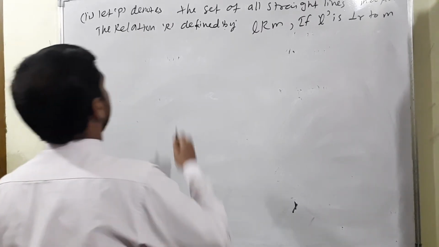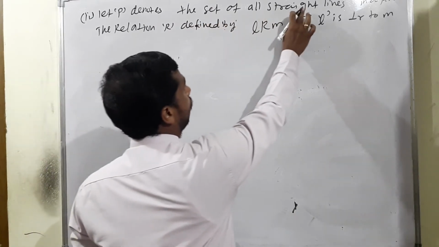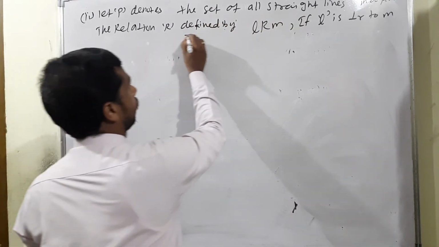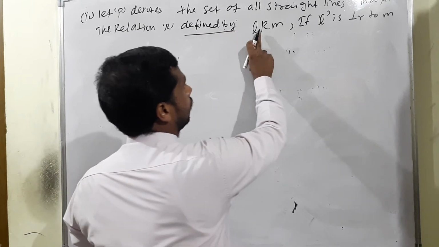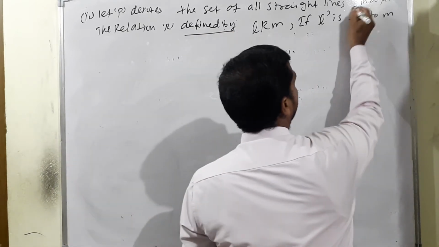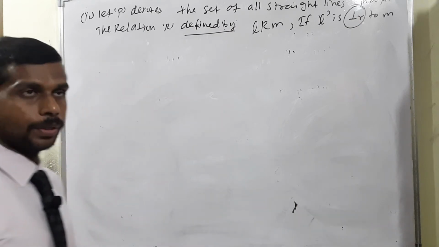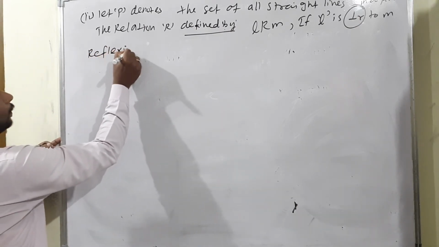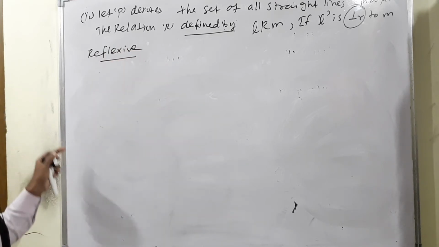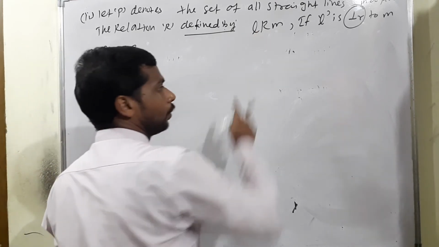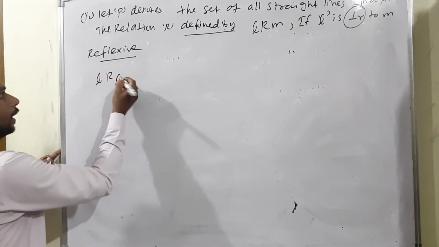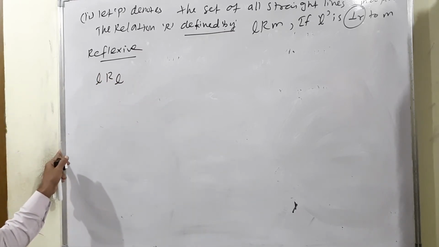I will continue with subdivision two. Let P denote the set of all straight lines in a plane. The relation R is defined by L related to M, the main condition being perpendicular. I am moving to the first condition, reflexive. Reflexive means L related to L only.